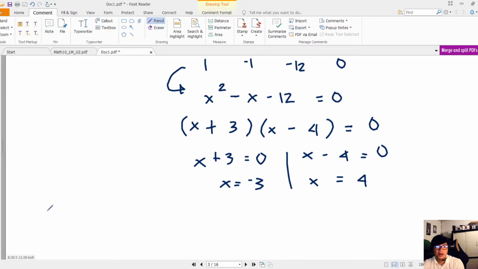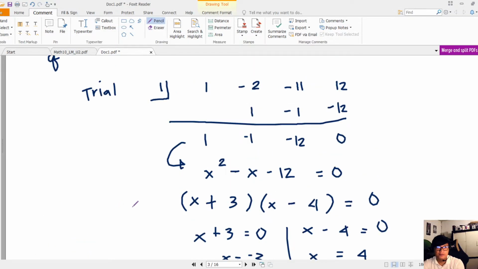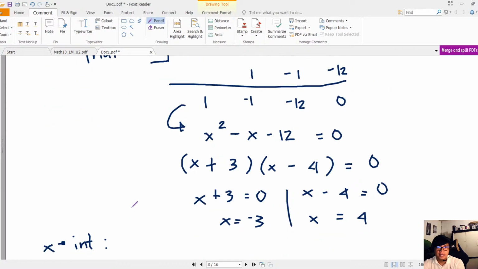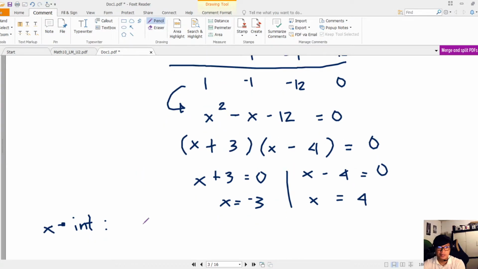So, therefore, our x-intercepts are, ano yung first? 1. Pero, i-arrange na lang natin sa maliit na number to highest number. So, ang maliit sa among the 3 is negative 3.